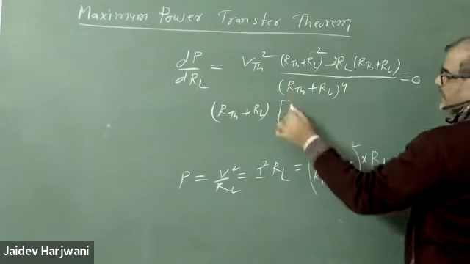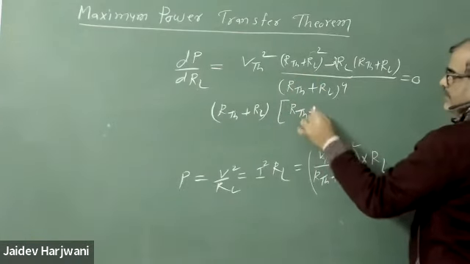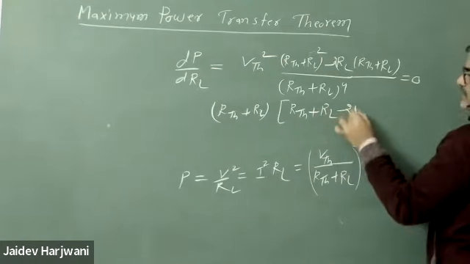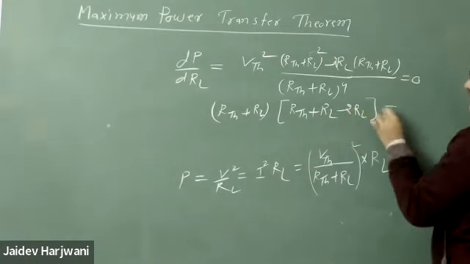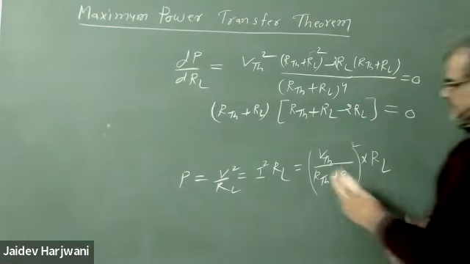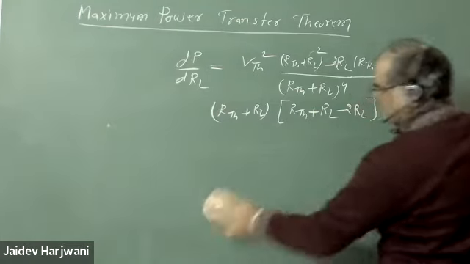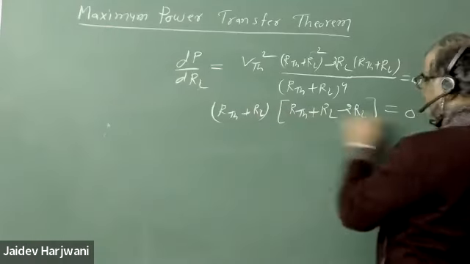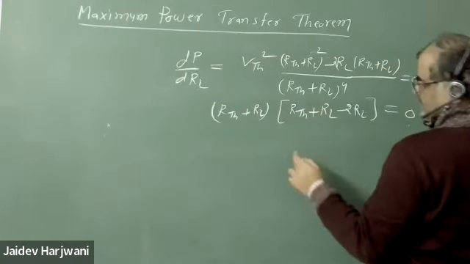So remaining will be R Thevenin plus RL minus 2RL, and this is also equal to 0.